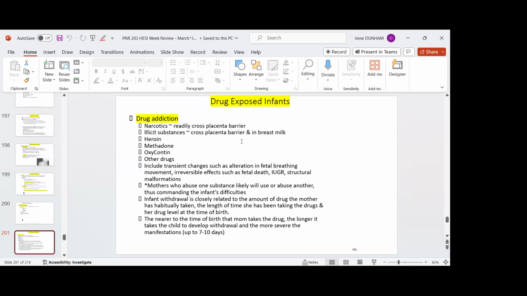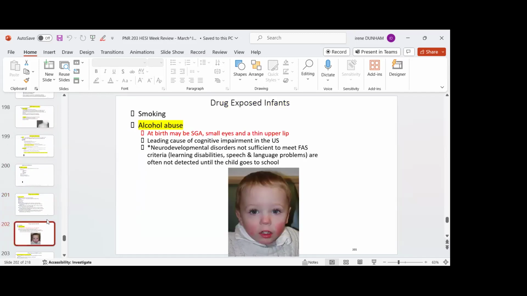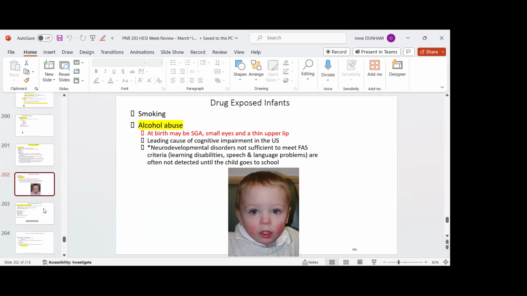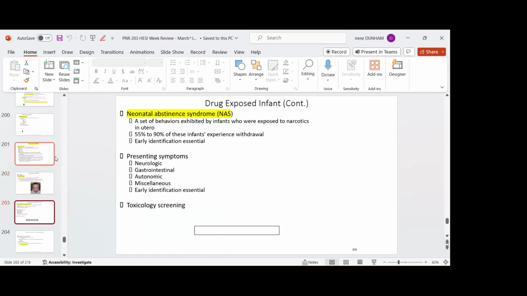So these are babies that look like this from smoking or even alcohol abuse. At birth, they may be small for gestational age. They have small eyes and a thin upper lip. Not good. Mothers that take in alcohol, mothers that keep exposing their babies to drugs.